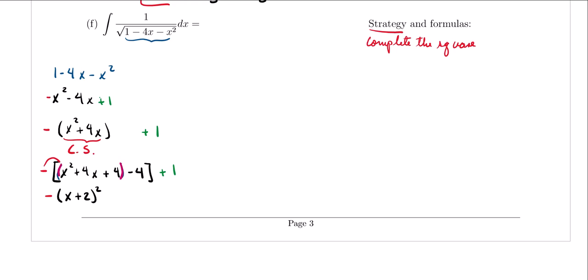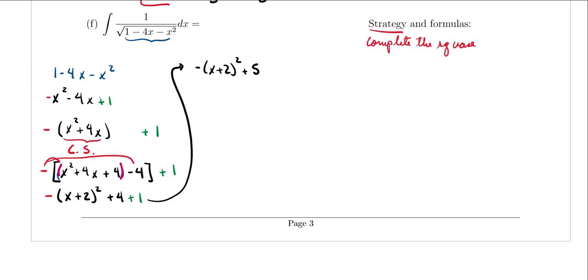Then I'm also going to distribute this negative to the negative 4. It was still inside that bracket, so it actually becomes a plus 4 plus 1. Now, rewriting everything here, we have a negative parentheses x plus 2 squared plus 5.